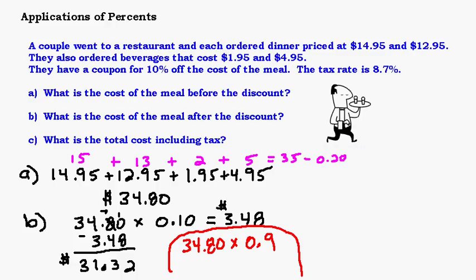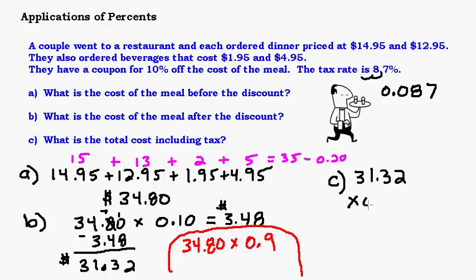All right, part C. Almost done. So now we need to figure out the tax. We've got $31.32, and we have to pay a tax of 8.7%. We're going to move our decimal 2 places this way. 8.7% then would be 0.087.